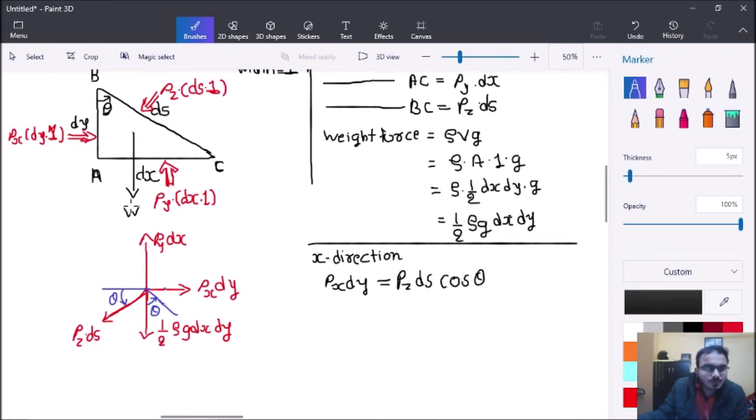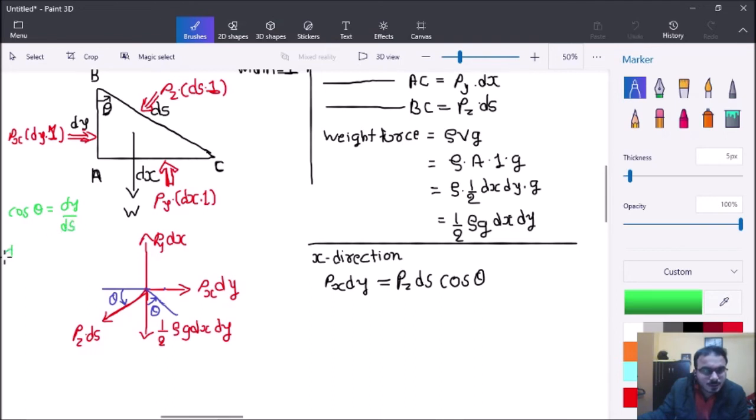So if we take cos theta here in the triangular figure, cos theta is equal to dy upon ds.